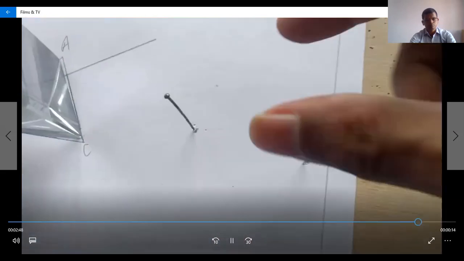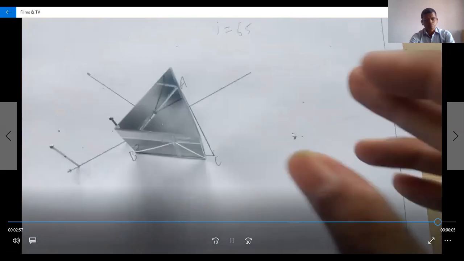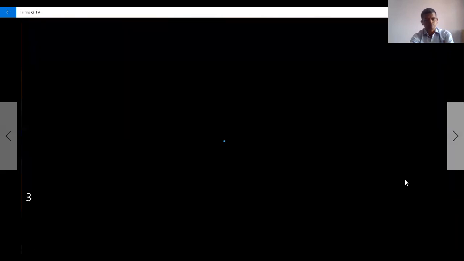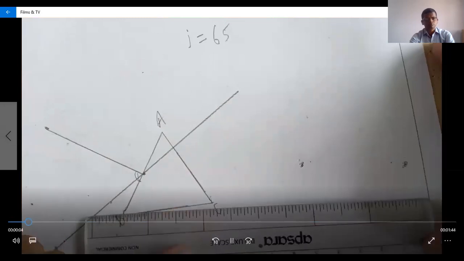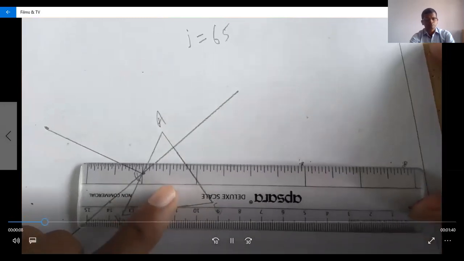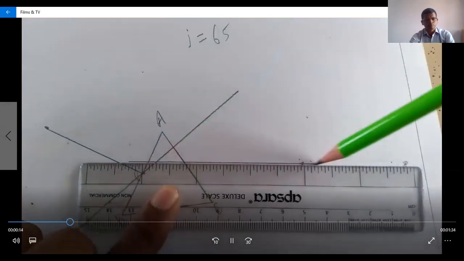Then we remove this pin again, and this pin we remove from here. After that, with the help of a scale, we connect both the points and draw the line here.